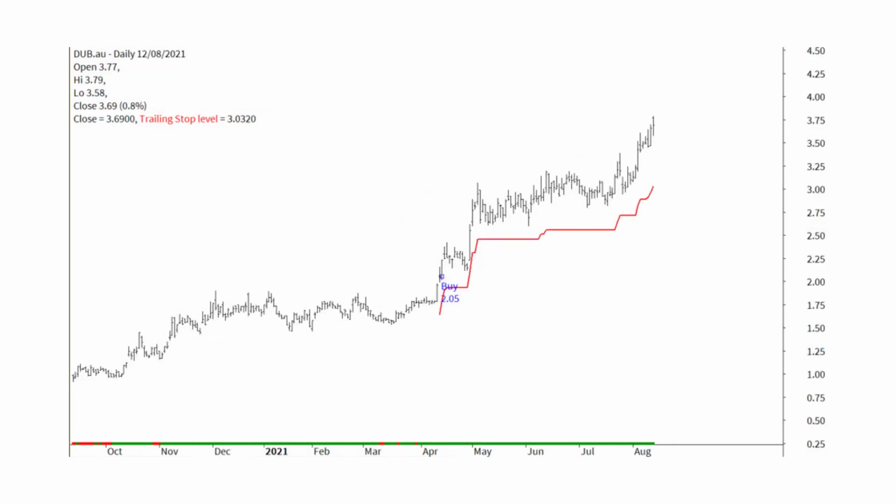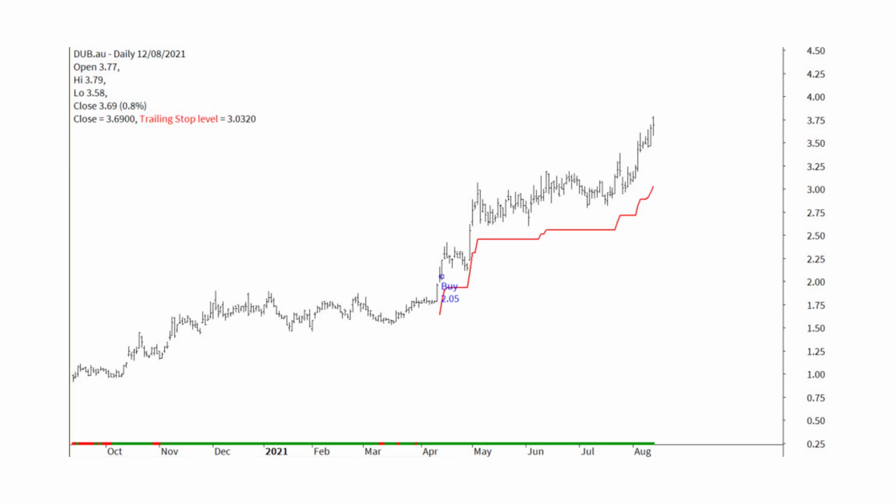Here's another example. This is Dubber Corp, and again another position I have in the growth portfolio. Simply, we're looking at the Bollinger Band of Dubber, and we will buy it when it breaks the upper one, and you can see there's a buy there at 205. Anyone that knows anything about Bollinger Bands can see that sideways consolidation from around November 2020 through to April 2021.